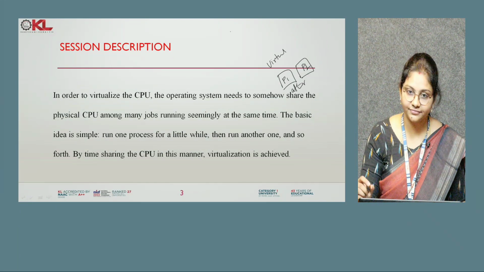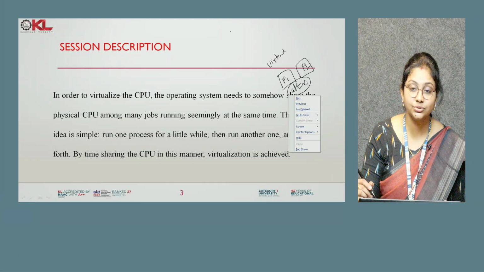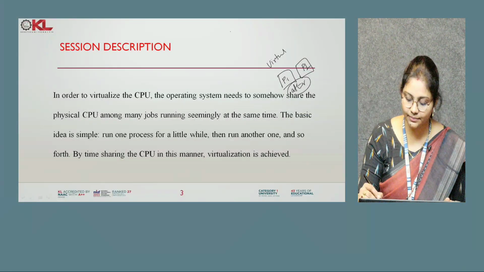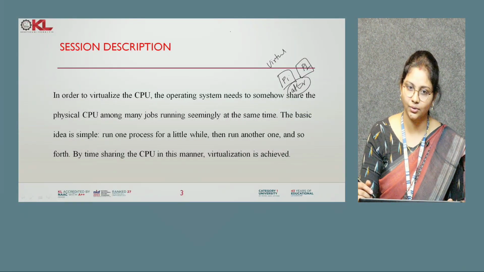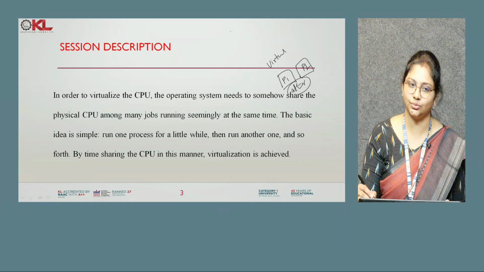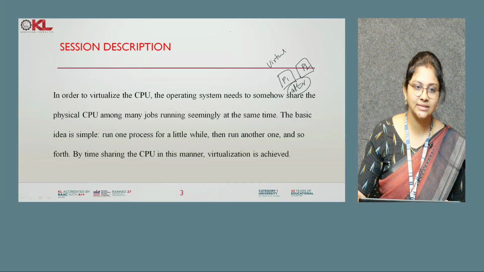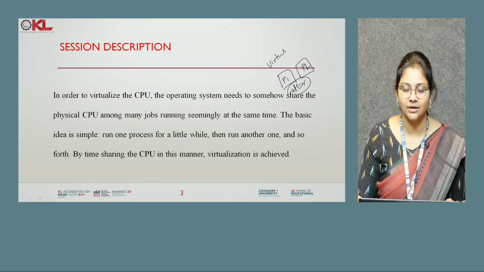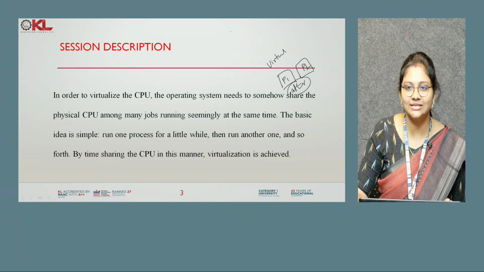For example, we were executing process 1, and after some time you need to give a chance to process 2. So the basic idea is simple: run one process for a little while and then run another one, and so forth. By time sharing the CPU in this manner, virtualization is achieved.